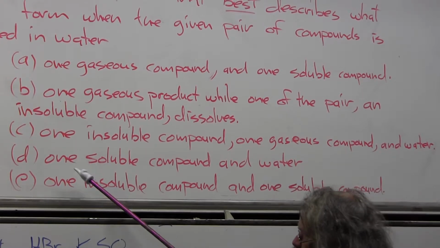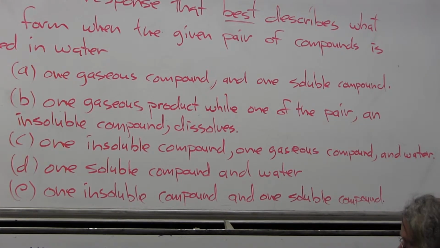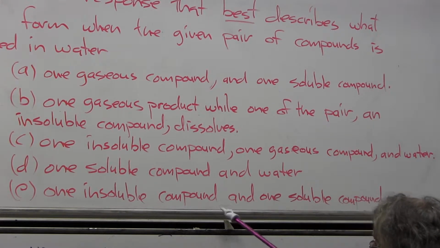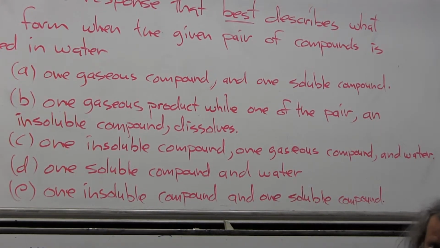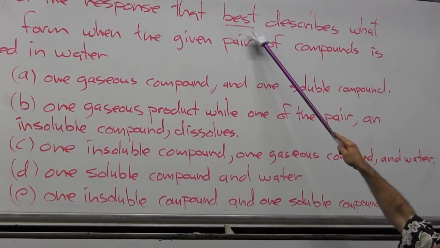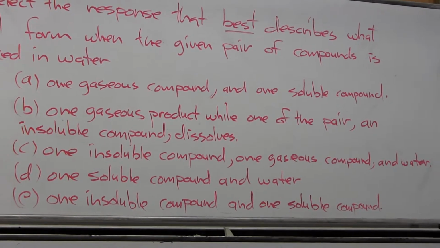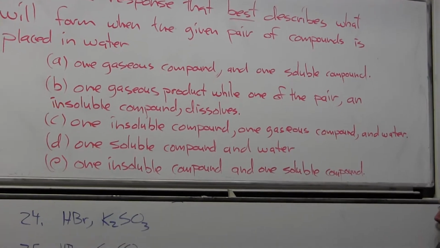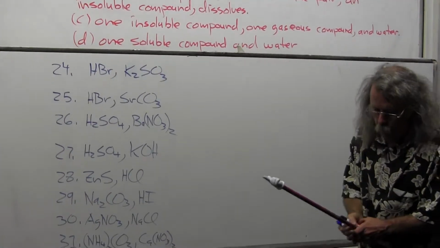And D is one soluble compound and water. And E is one insoluble compound and one soluble compound. Again, I want to emphasize we're to pick the option which best describes what occurs when we place these compounds in water.